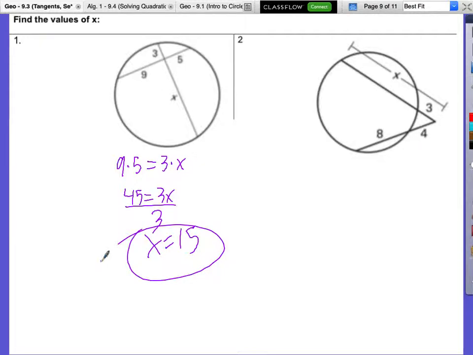This isn't Mr. Casa's drawing, so I don't know. It kind of looks like something that's flying. Why would they be equal to each other? They're not equal.